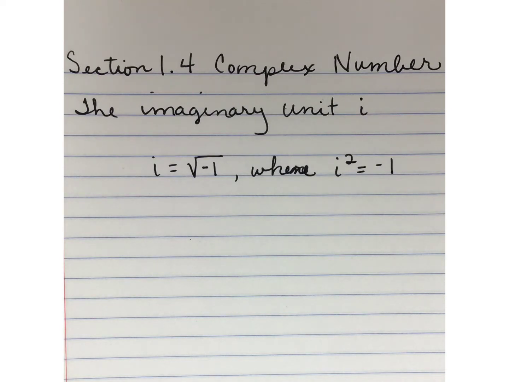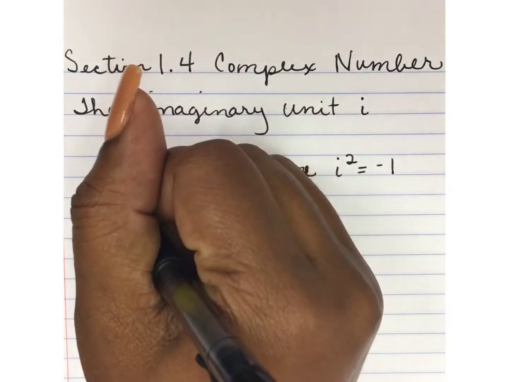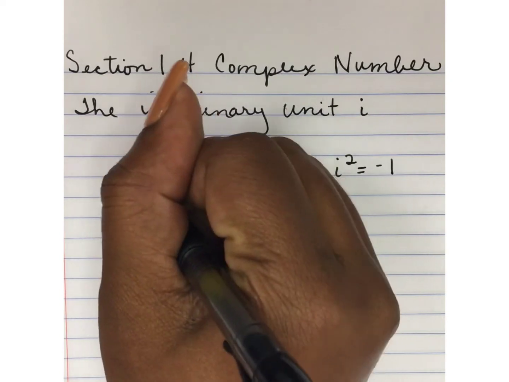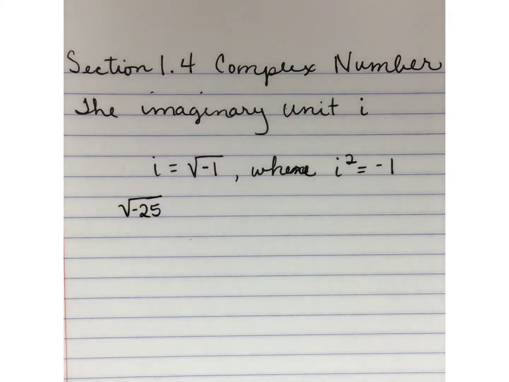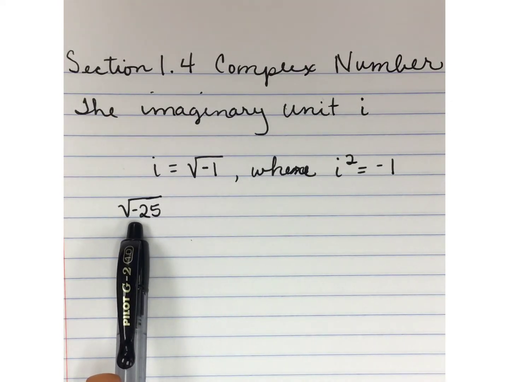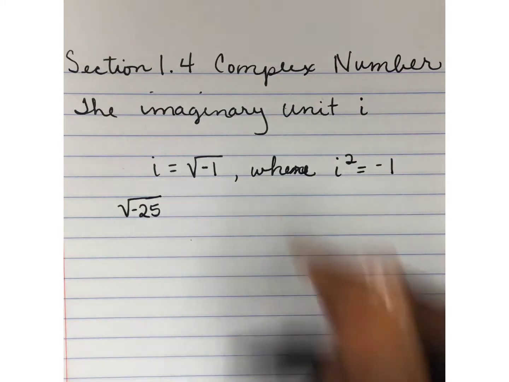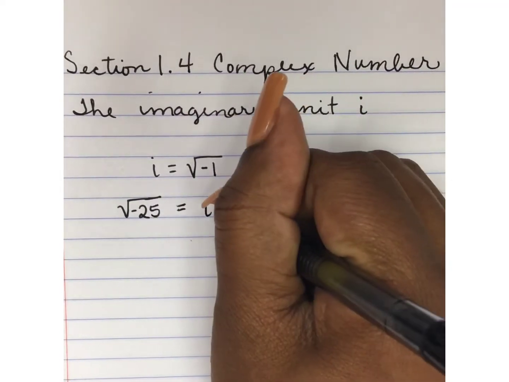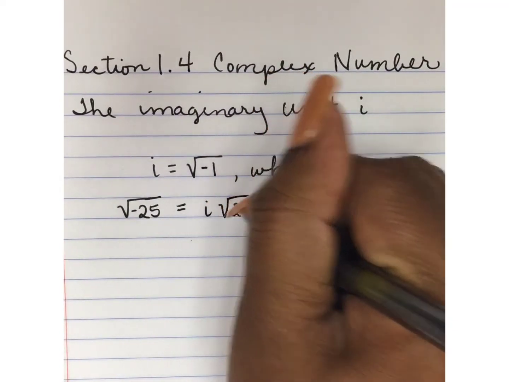So let's say that we have the square root of -25. Since we have a negative under the radical, the square root sign, we have to make sure that we bring the negative out by notating that it is an imaginary number.